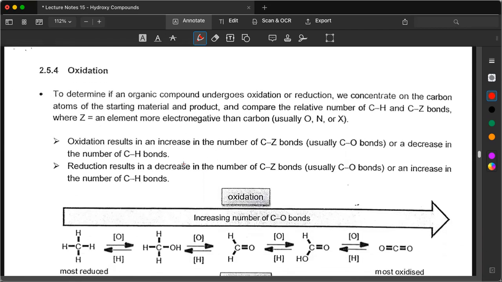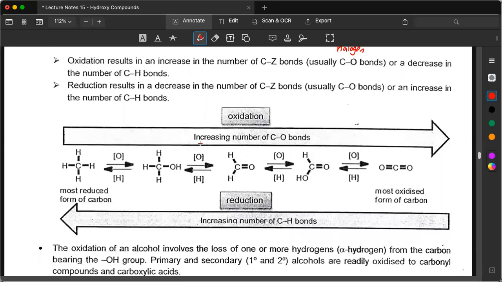Now, this X in our notes in this context will refer to halogen, like Cl, Br, and I. Oxidation results in an increase in number of C-Z bonds, usually C-O bonds, or a decrease in number of C-H bonds. Because during oxidation, oxygen should be added and hydrogen removed. Reduction will be the opposite of oxidation.